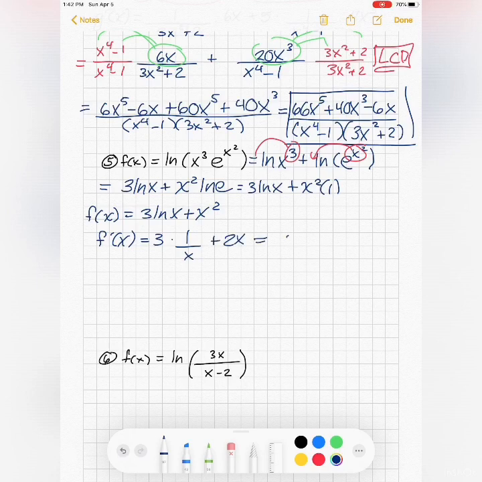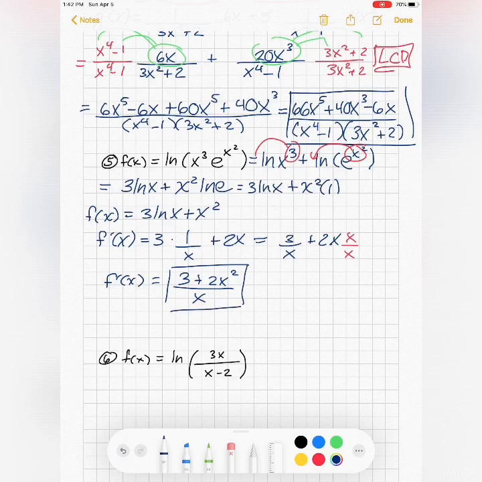That was super easy. Oh, I don't know. I think I'd do an LCD. So what does that turn out to be? 3 plus 2x squared over x. That's a cool one.